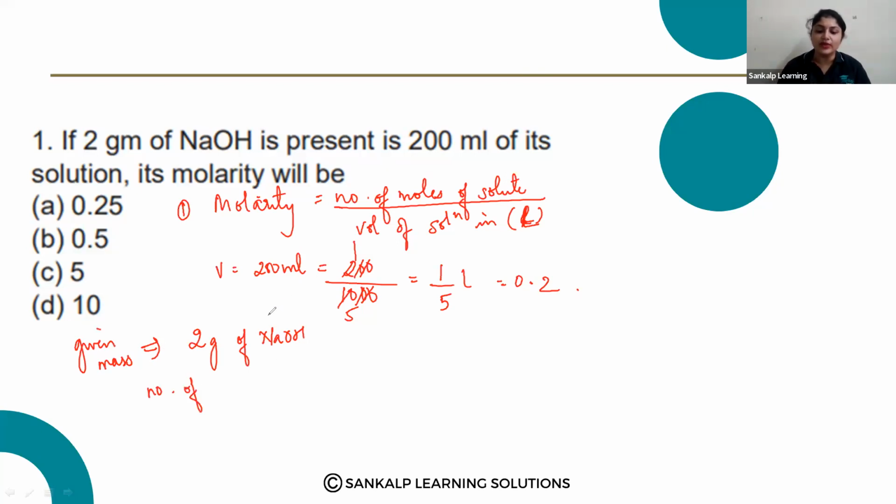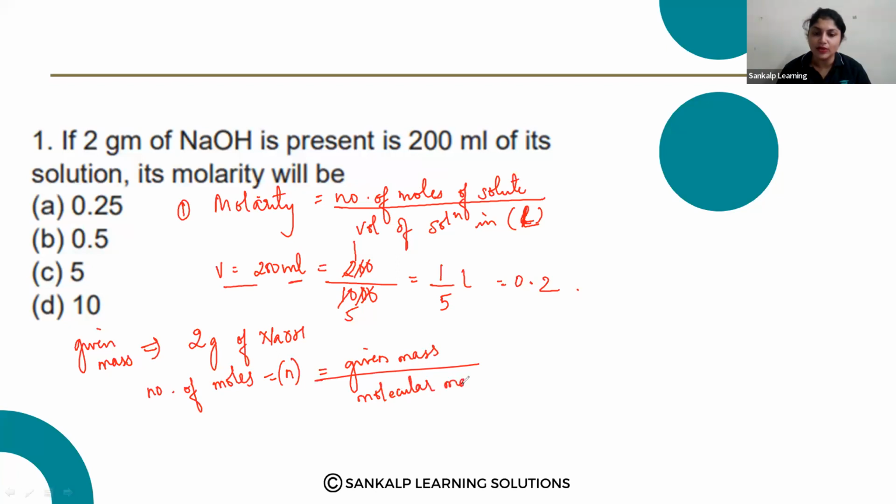Now we have to calculate the number of moles. First we converted the volume, ml into liters. Now the second step is to calculate the number of moles of solute. The number of moles of solute, given as small n, is the given mass divided by the molecular mass.